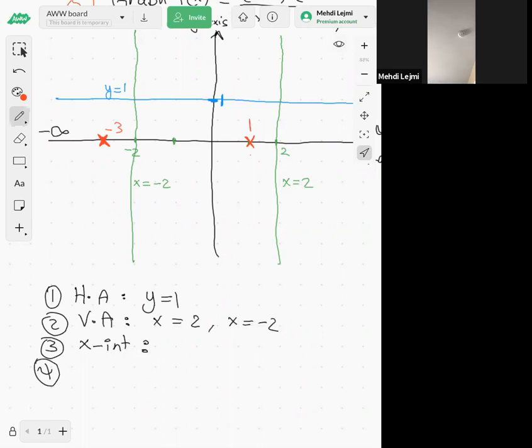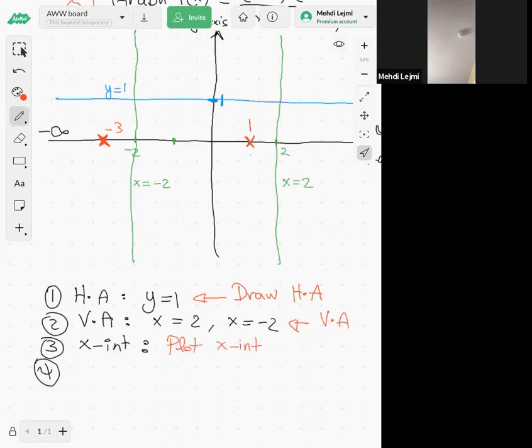Well, Samira, the first step, I said, is just to draw this horizontal line, the horizontal asymptote. Okay, and then you draw the vertical asymptotes. And then plot the x-intercepts and then the y-intercept.